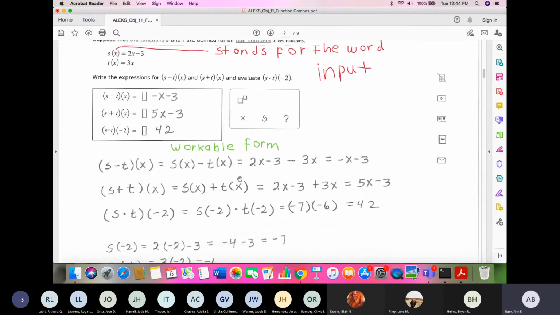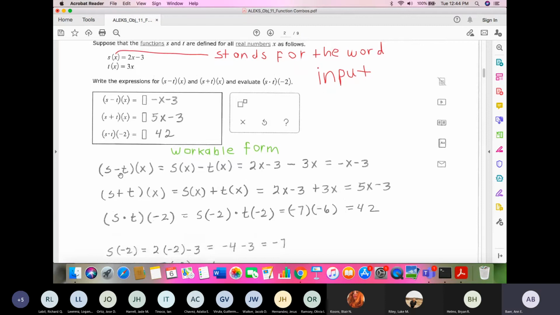So let's start. The first thing I think it's really important to do is, you see this is stated to us in the form s of x. This is stated in the form of t of x. So we want to convert to a workable form that involves those two.